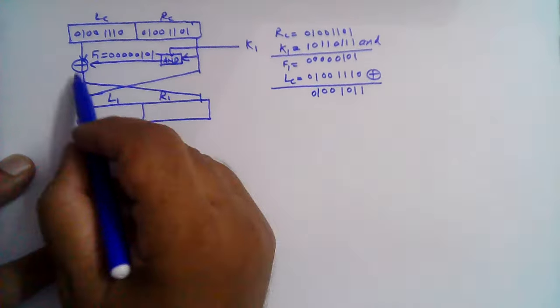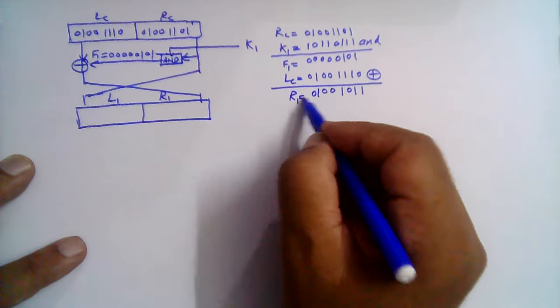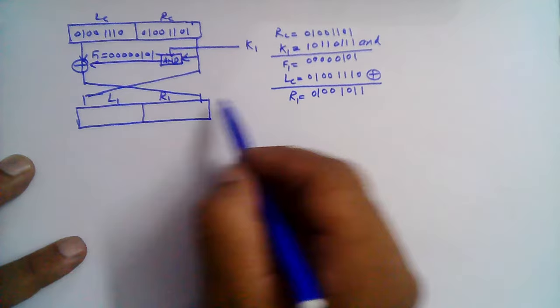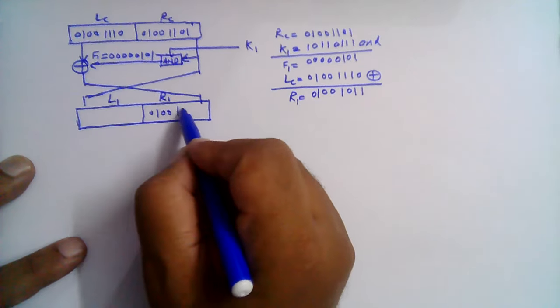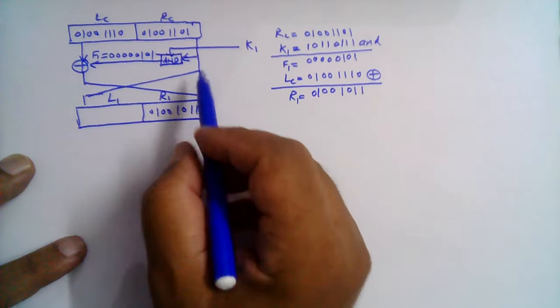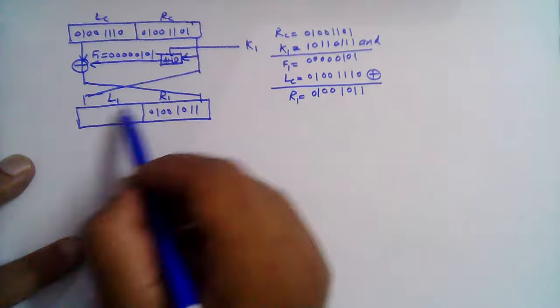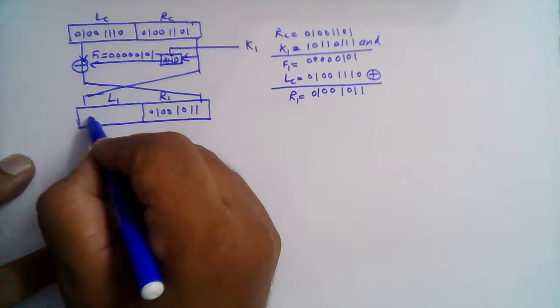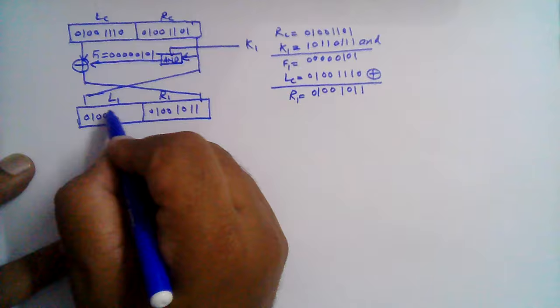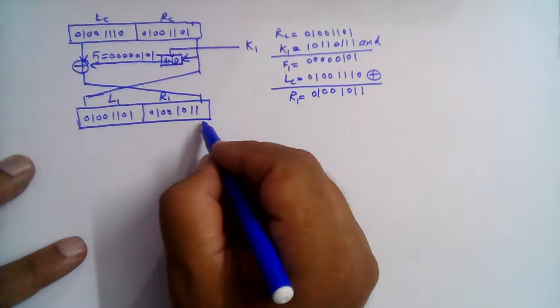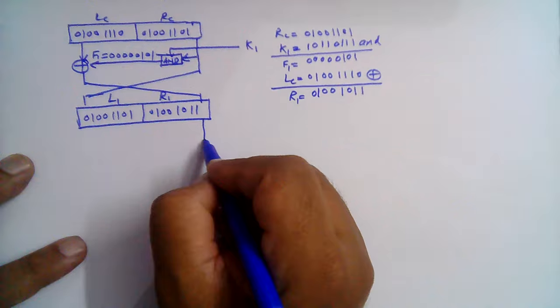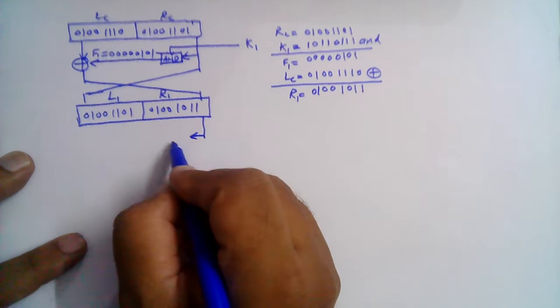The R1 comes out to be 0100 and 1011, and the L1 is equal to RC, so this is 01001101.